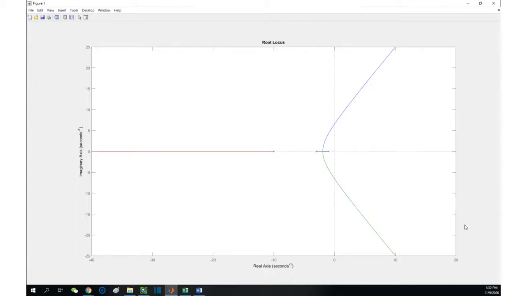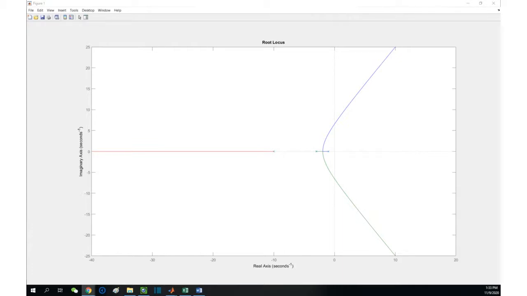Shouldn't that be the x-intercepts? Like the -10, where the crosses are on the horizontal axis? No. The crosses on the horizontal axis are what? Open loop poles.